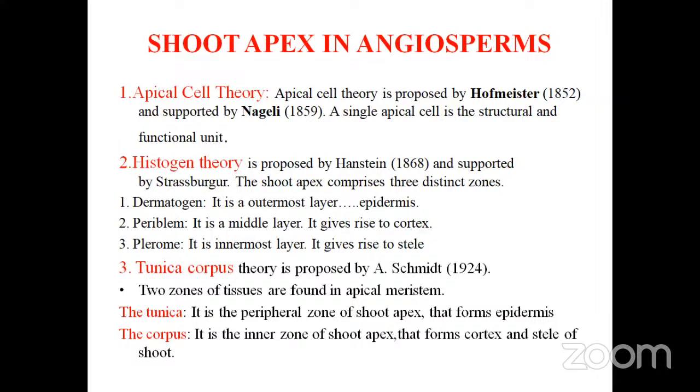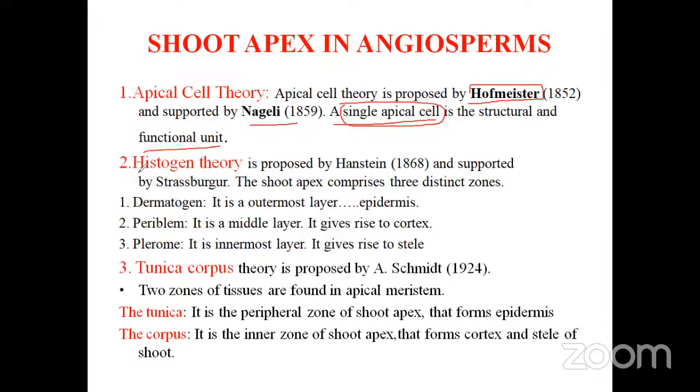This apical cell theory was proposed by Hofmeister and supported by Nageli. In this, a single apical cell is the structural and functional unit. Only one. And remember, the single apical cell and the single apical derivatives are also involved. I already told you the phases in pteridophyta.